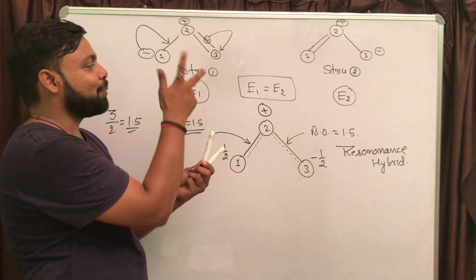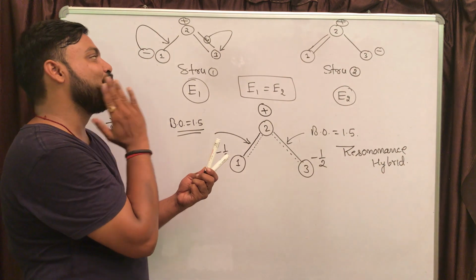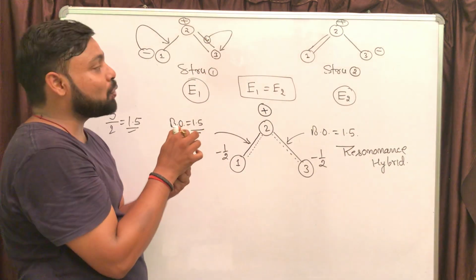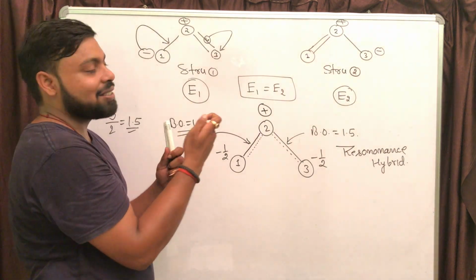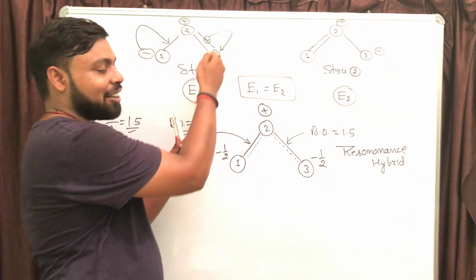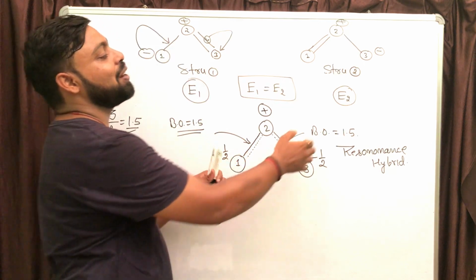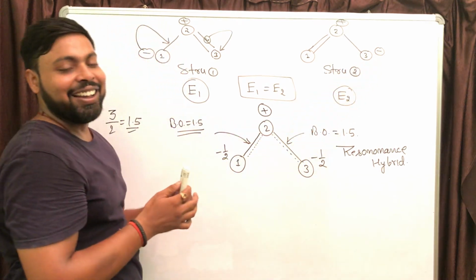One electron is shared by both atoms. So if both the electrons are moving towards oxygen number 3, that means oxygen 3 is taking its own electron and also that of oxygen number 2. That's why oxygen number 3 is getting negative charge.